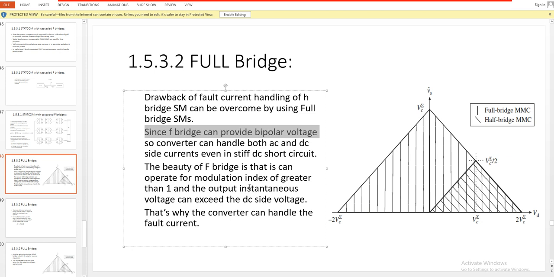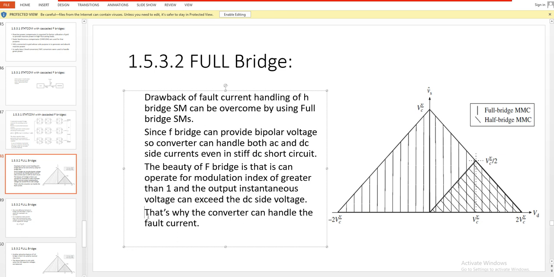So this is the beauty of full bridge MMC, that it can operate for modulation index greater than 1. That means the instantaneous output AC side voltage can exceed the applied DC side voltage.